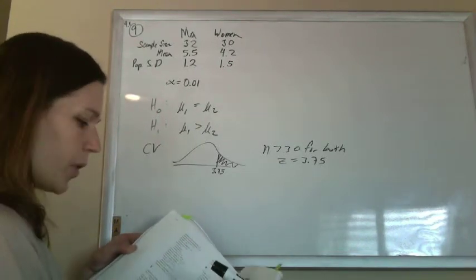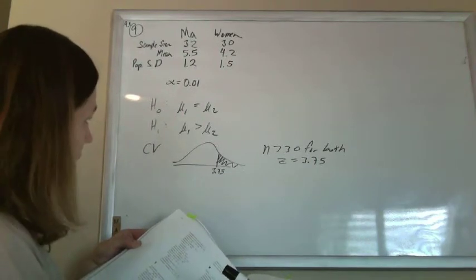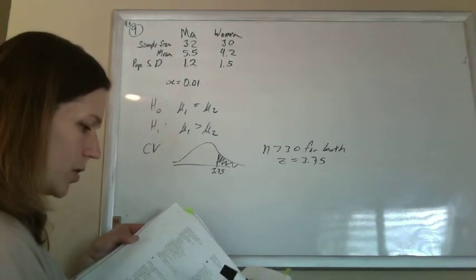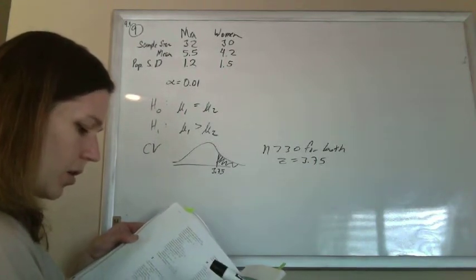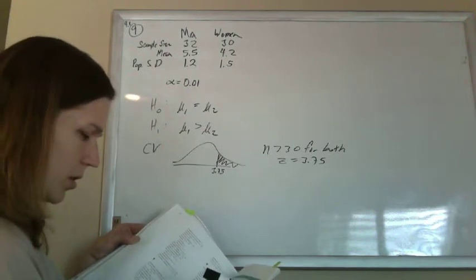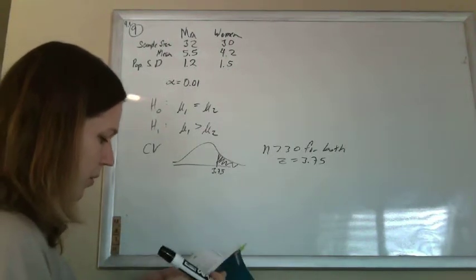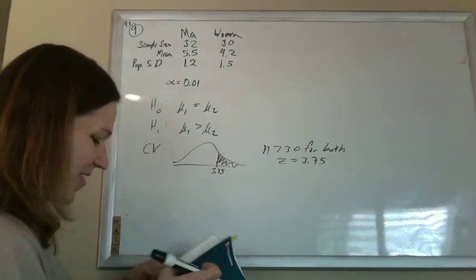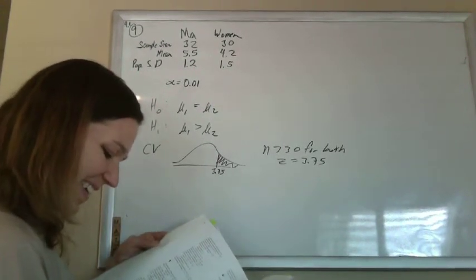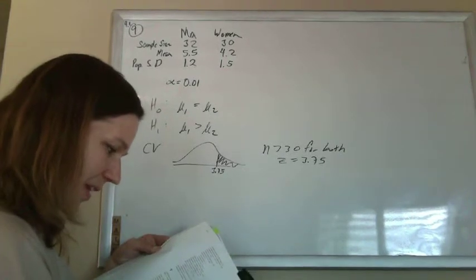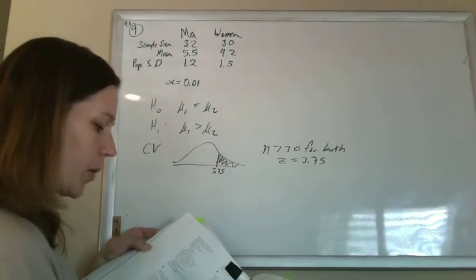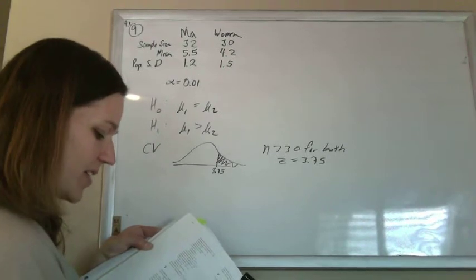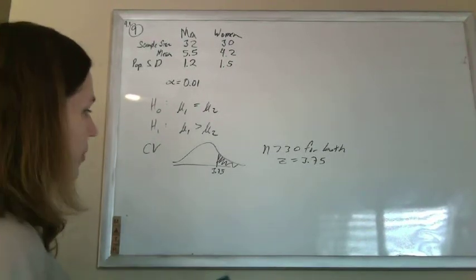So it was 0.01, 0.01, two-tailed, all the way down. I grabbed the wrong number. Sorry, one-tailed. One-tailed, all the way down, you get 2.33.